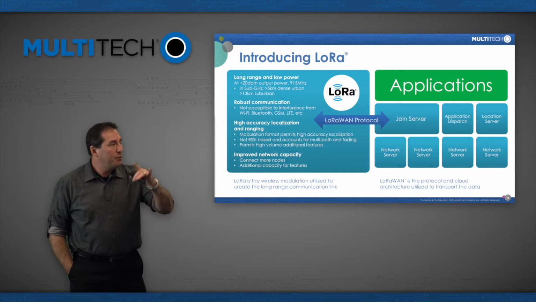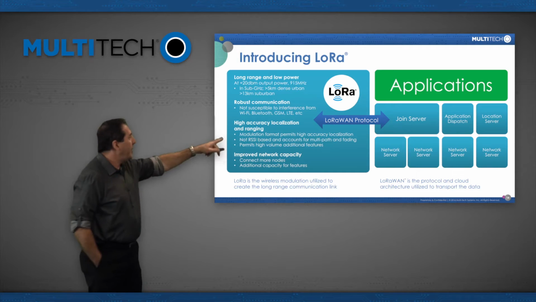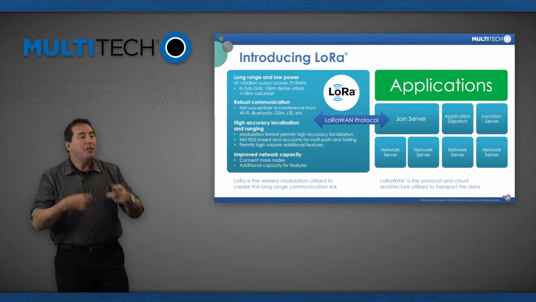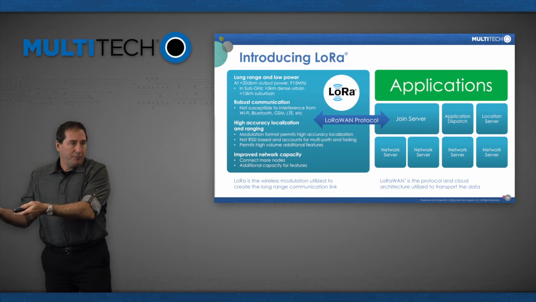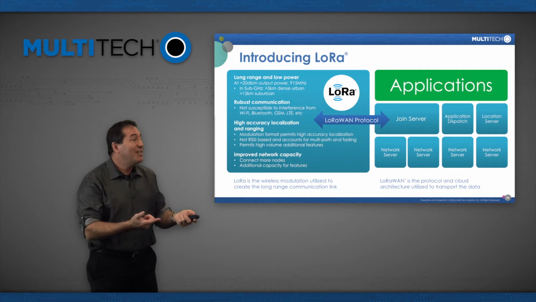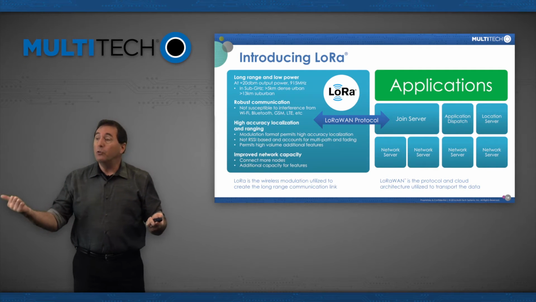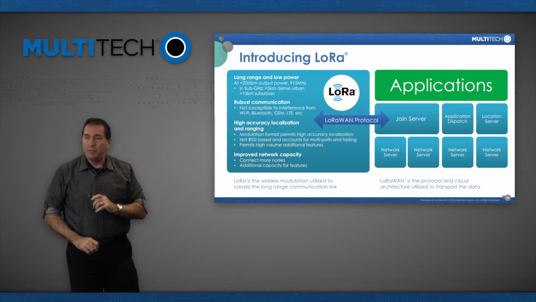That's why carriers are making public networks out of it. And that encrypted application packet is sent to the application dispatch server, which decrypts it and then hands it over to your application decrypted. So if you were sending location data and you wanted it to go to Google Maps, that would decrypt it and pass it to Google Maps.